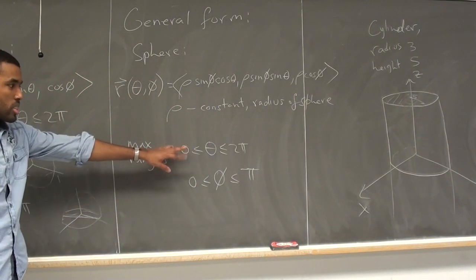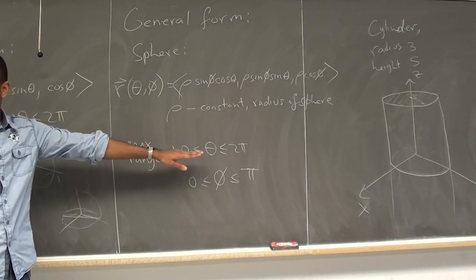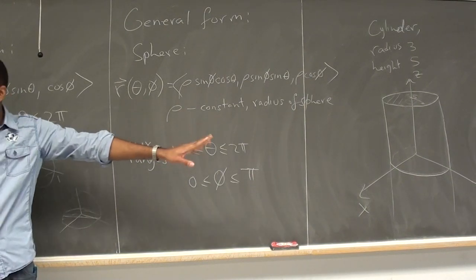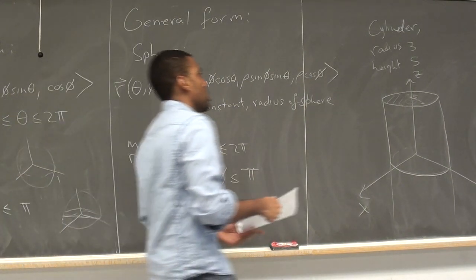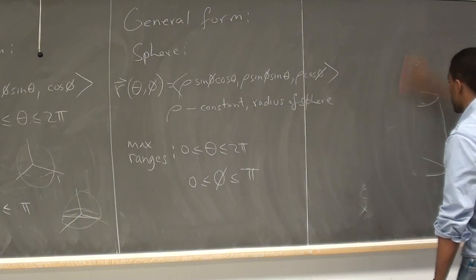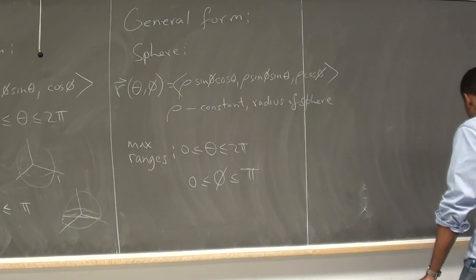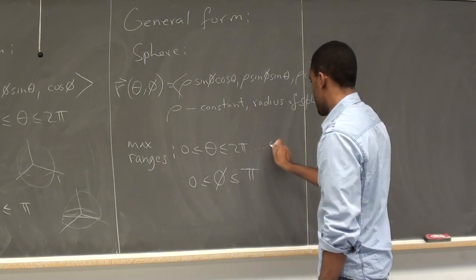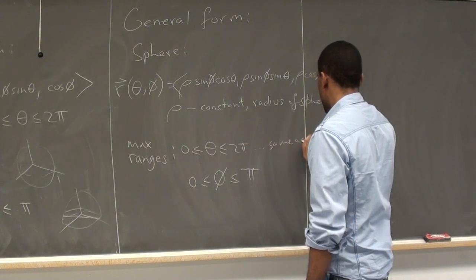Theta is the same theta as in polar coordinates. So you can mess around with it a little, like theta from minus pi over 2 to pi over 2, if necessary. But not phi, it's always 0 to pi. We never mess with phi. Why complicate things?